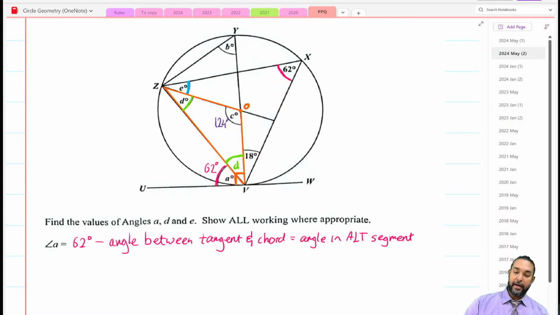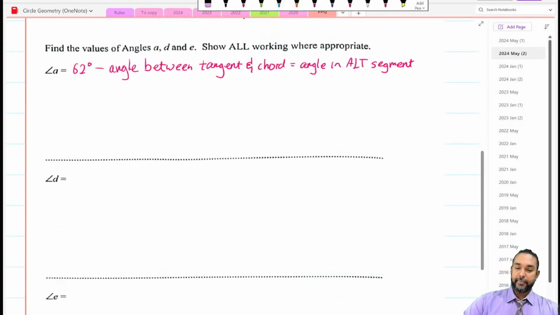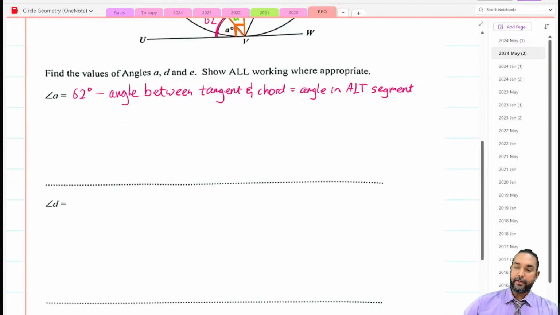The whole angle here is 90. We have a 62 degree portion outside. 62 from 90 will give us 28 degrees. And this across here is also 28 degrees. Yeah. 124 from 180 is 56. 56 divided by 2 is also 28. All right. So for angle D, we have 2 sets of work in here. So I'm going to put one in, actually, hold on. Yeah, okay, so it's green. All right, cool.